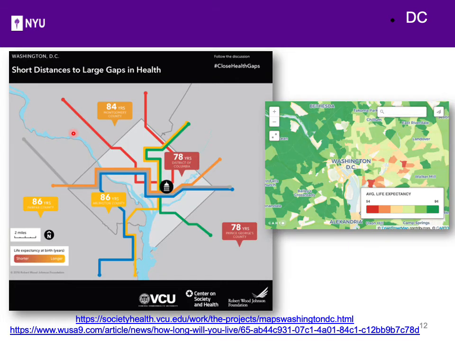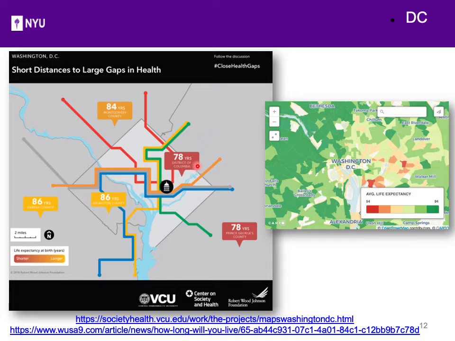New York City, it's also observed in Washington, D.C., in that there are disparities in life expectancy based on where you live in approximation to the subway lines. The subway lines are indicated here within these different colored lines. Here's the Potomac River, which divides Virginia or Northern Virginia from Maryland, and here is Washington, D.C. So to approximate here in Northern Virginia, life expectancy is 86.